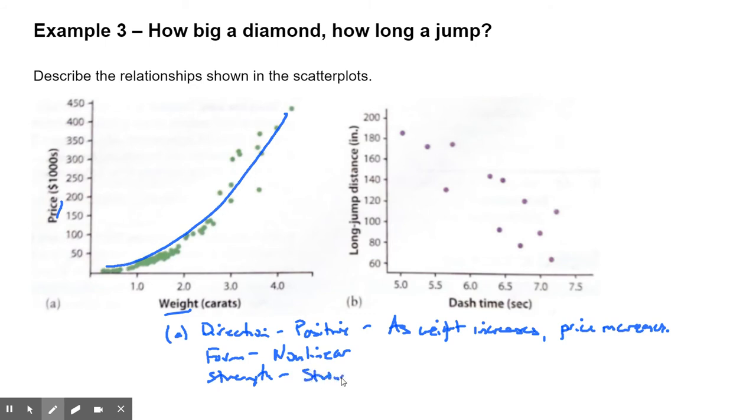Strong, because points do not deviate much from the form. D-E-V-I-A-T-E. So it's strong because the points do not deviate much from the form.